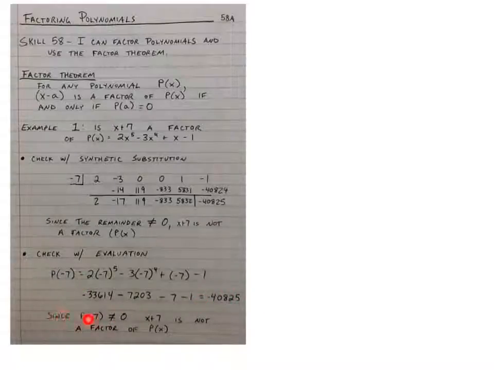Since p of -7 is not 0, x plus 7 is not a factor of p of x. Typically this is going to be the fastest way to determine whether the binomial is in fact a factor, though sometimes synthetic substitution is faster and it solves two problems in one go.